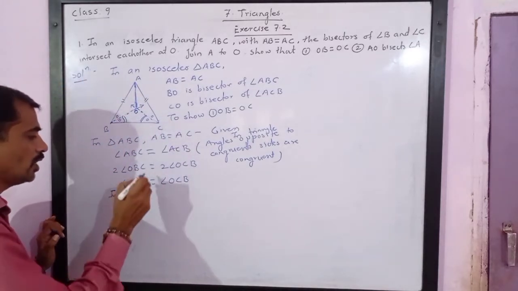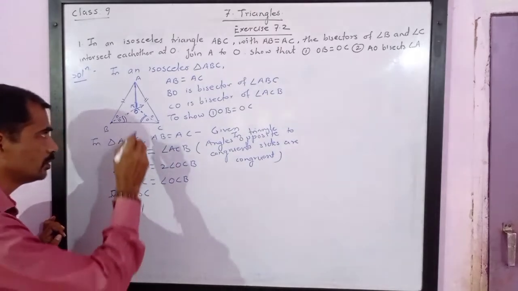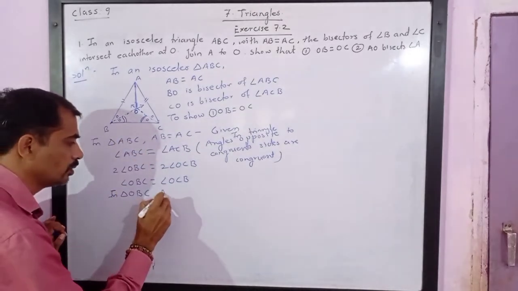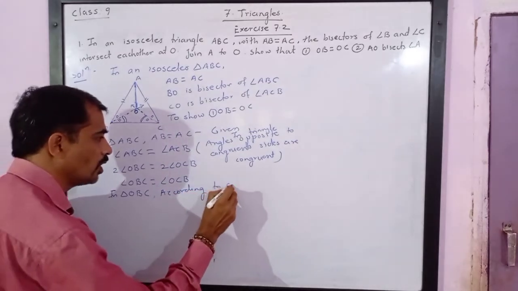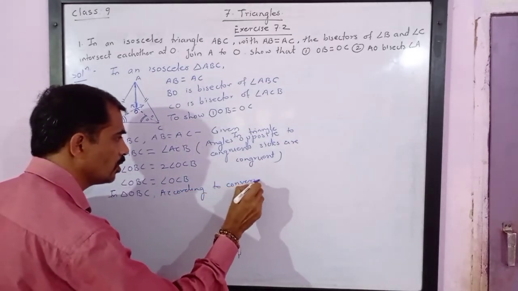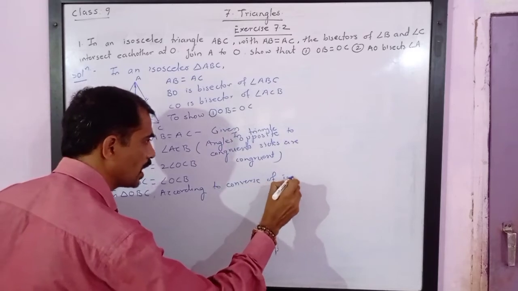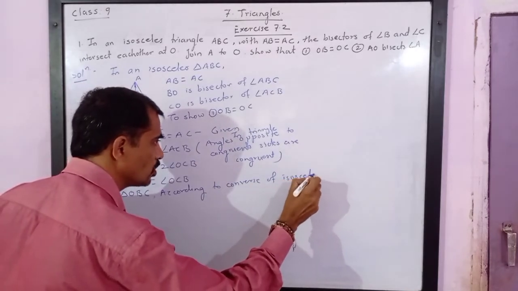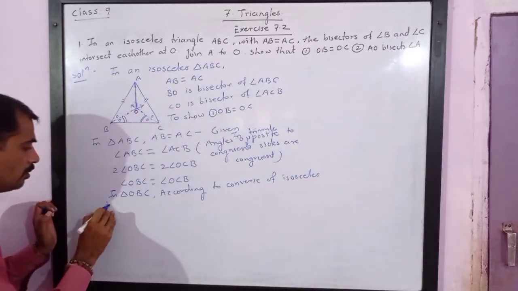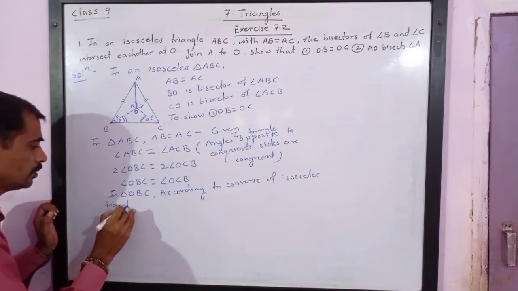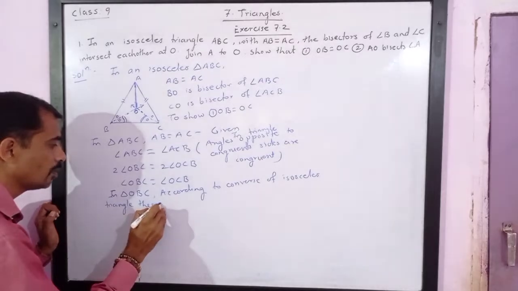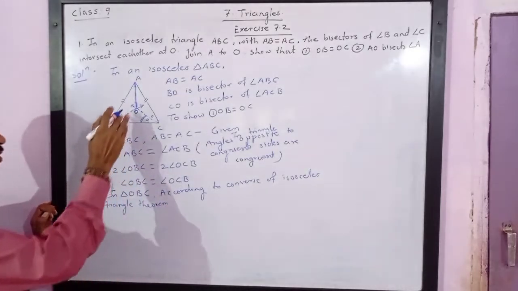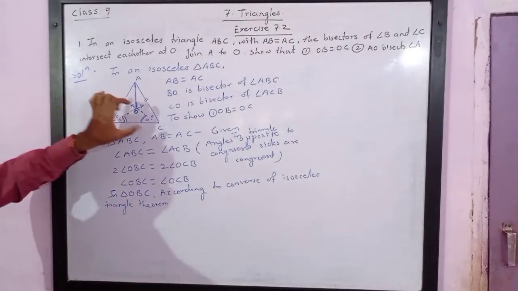So, according to the converse of the isosceles triangle theorem, we have OB is equal to OC.